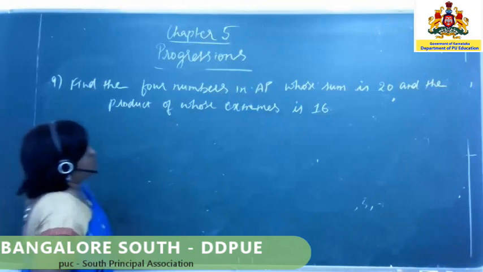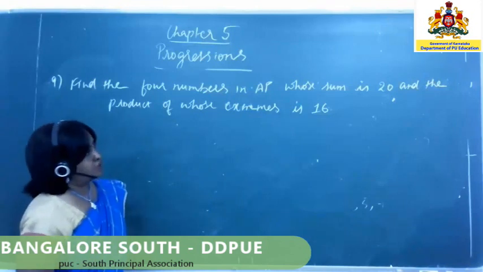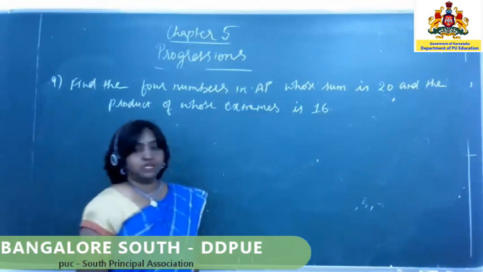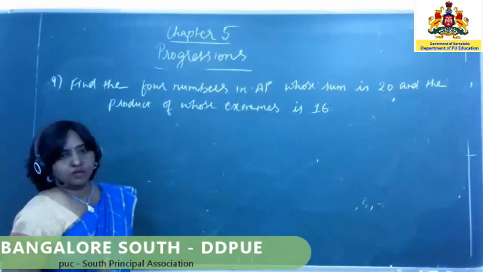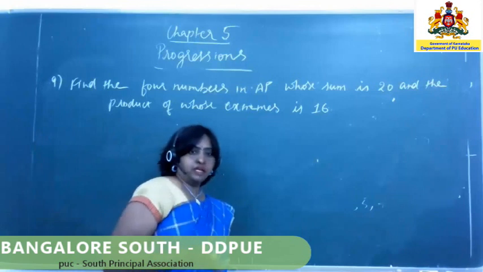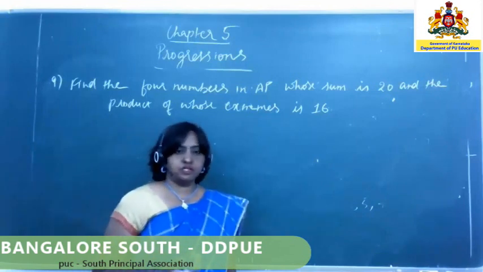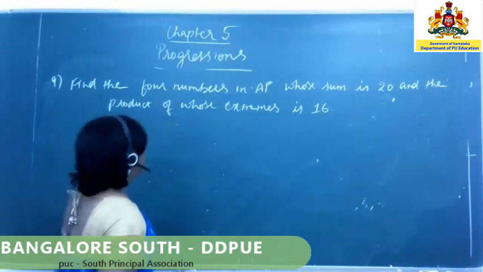So find the four numbers in AP whose sum is 20 and the product of whose extremes is 16. So when they ask you to find the four numbers, consider a minus 3d, a minus d, a plus d, a plus 3d.